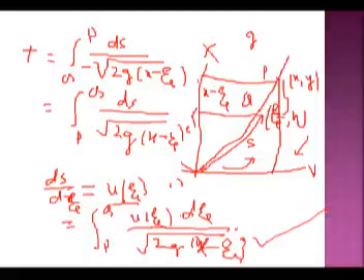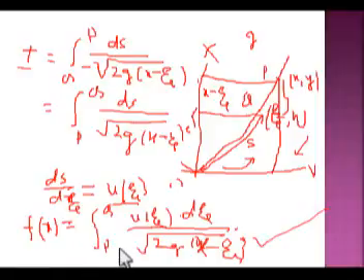Here we have to find out, if we take this function of x, that time is a function of x, then this function will be changed in this way. If time t is a function of x, this will be changed in this way.